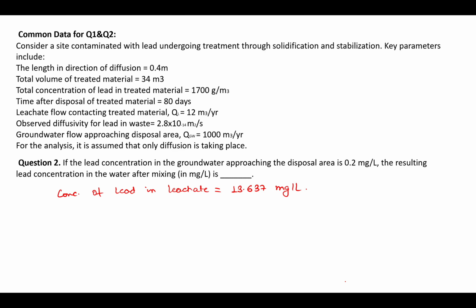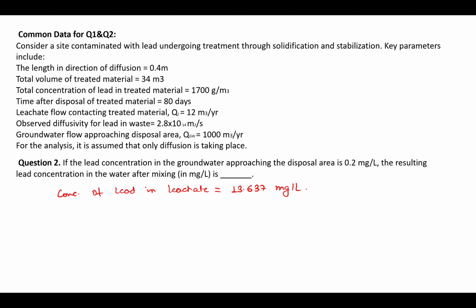Now let's see. Here we have to find the concentration of the lead in the water after mixing. So we can use a very simple equation: the flow rate of the leachate times the concentration of the lead in the leachate, plus the flow rate of the groundwater times the concentration of lead in groundwater, will be equal to the overall flow rate of the mixing water times the concentration of lead in the mixing water.